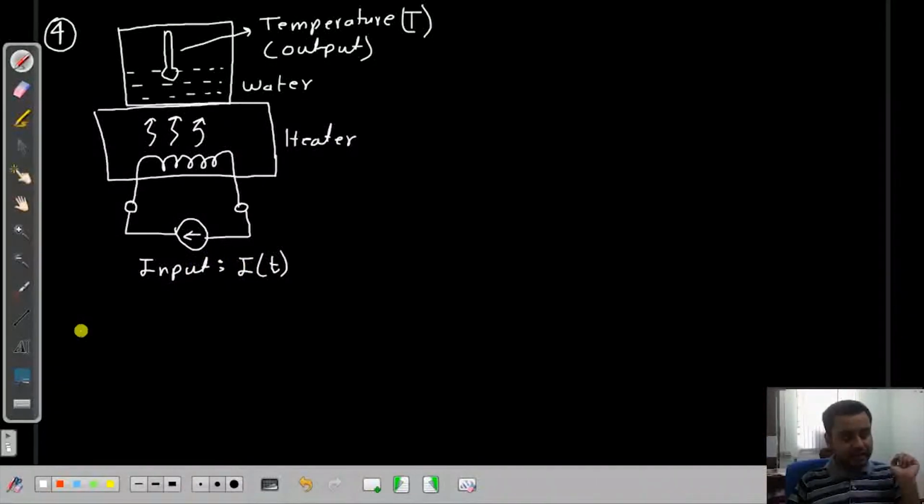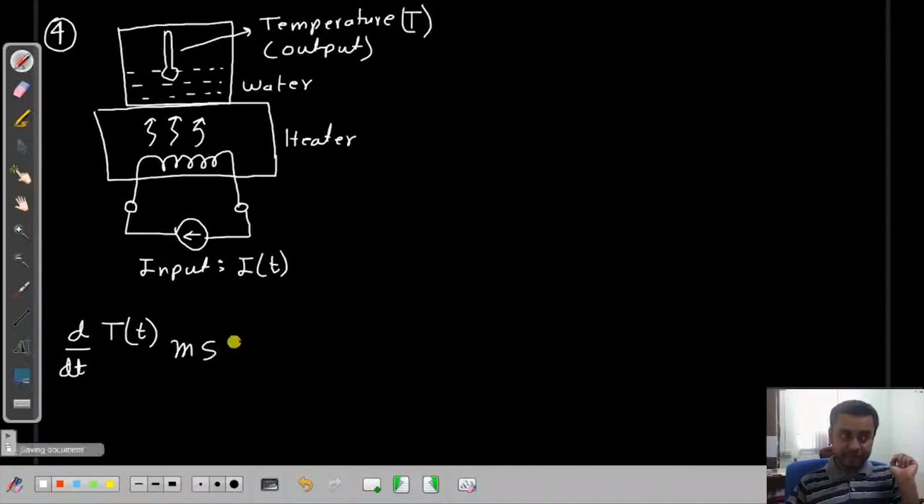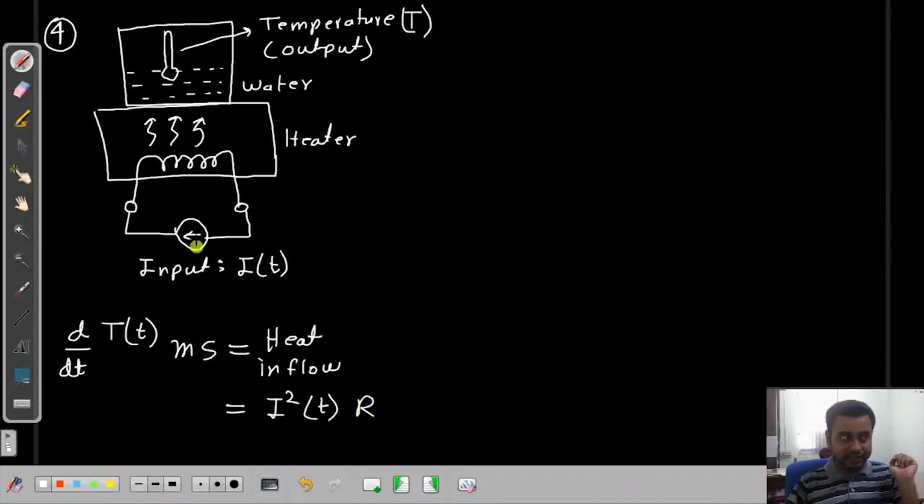We may write that the rate of change of temperature, d/dt of temperature, multiplied by the mass and the specific heat of water, should be equal to the heat inflow, which should be equal to the current I squared multiplied by the constant resistance of this coil.